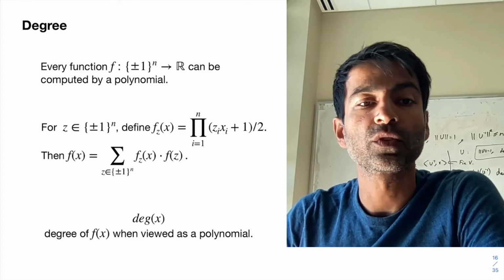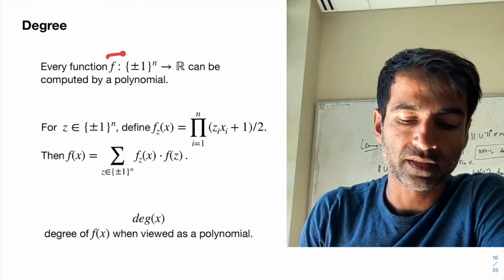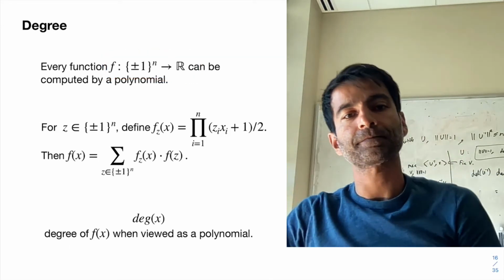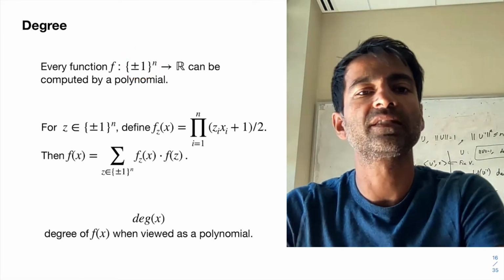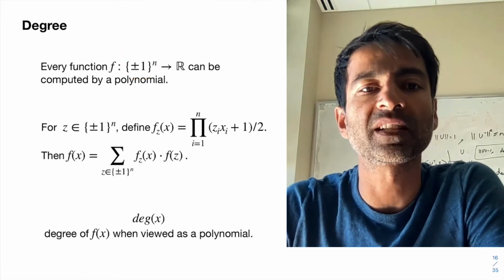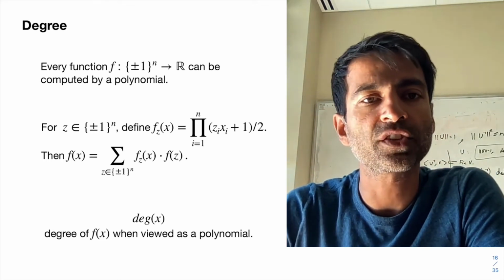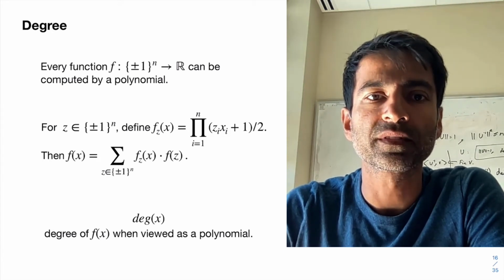So this shows that every function like this can be expressed as a polynomial. And in fact, when the coordinates of the inputs are either +1 or -1, the polynomials have a particularly nice structure because it never makes sense to square a variable, right?